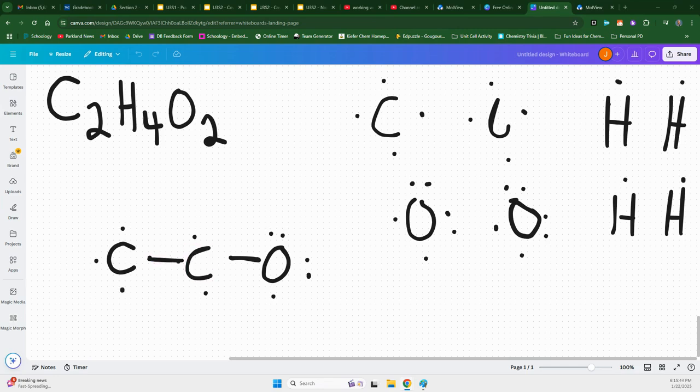Let's go ahead and place our other oxygen, why not, on the other side. So if I go towards the carbon on the left, I'm going to place the oxygen right on the other side.